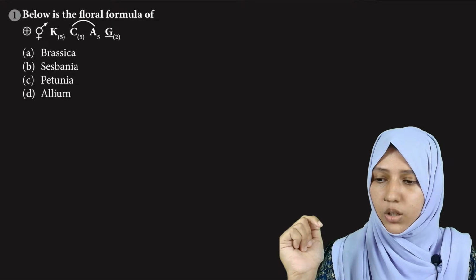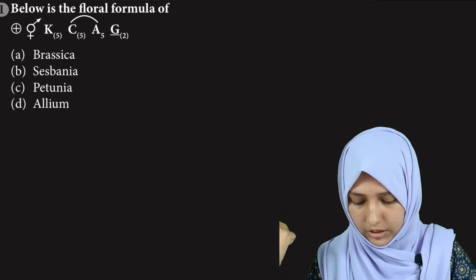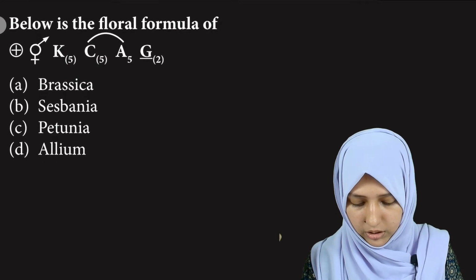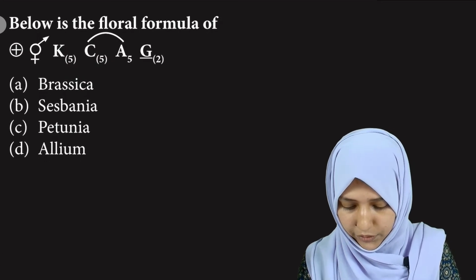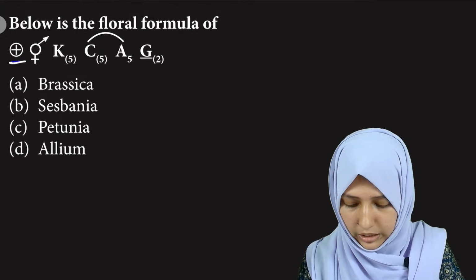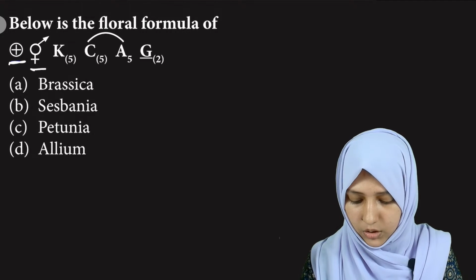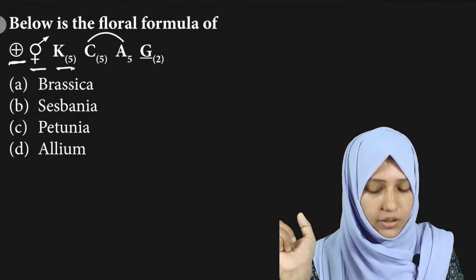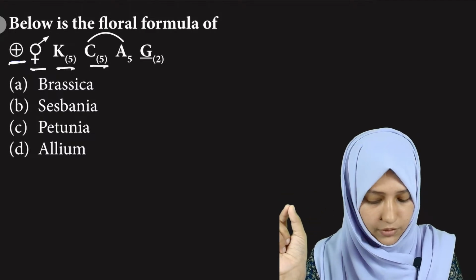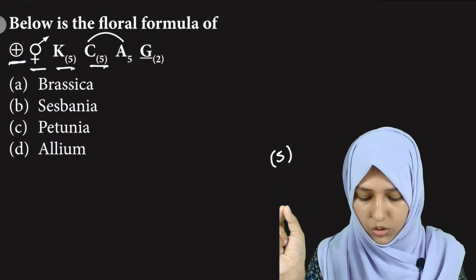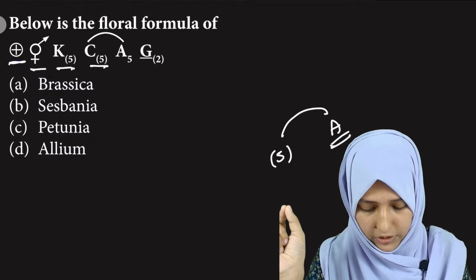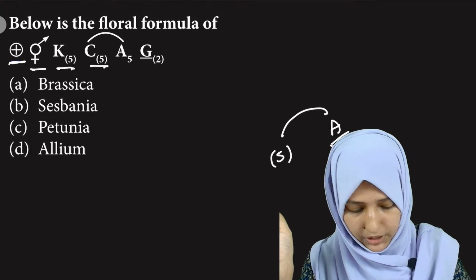So the PYQ session starts here. The floral formula given below is actinomorphic, then bisexual, the calyx has 5 and is united, and the corolla also has 5 structures and is also united, and the corolla is attached to the androecium, which means it is epipetalous.